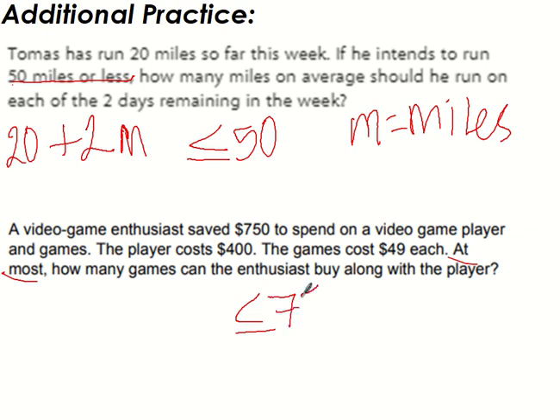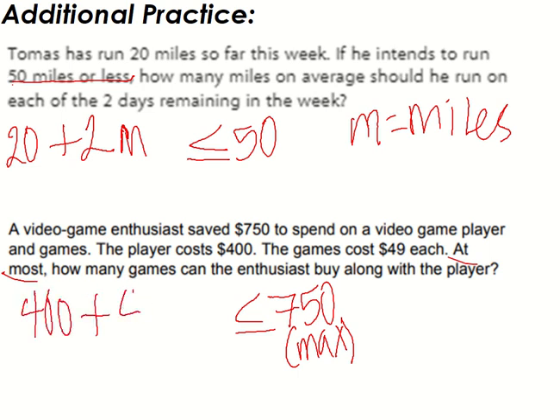Well, the maximum we can spend is this, right? That's all I have to spend. So everything I spend has to stay less than $750. So I have to spend $40 on the game system, and then we have $49 for each game. And there we go. 40 plus 49G has to stay less than or equal to $750.